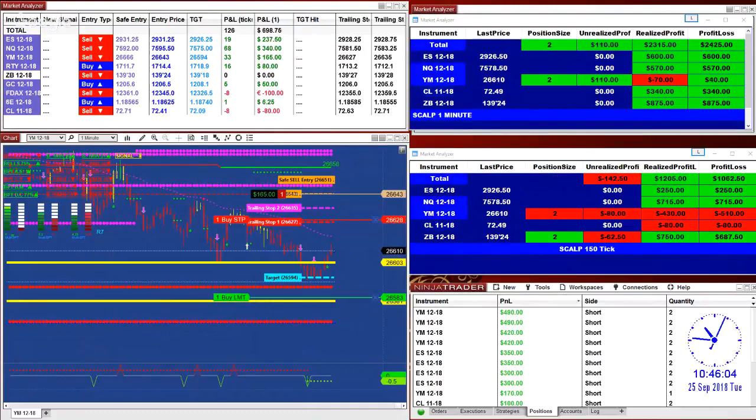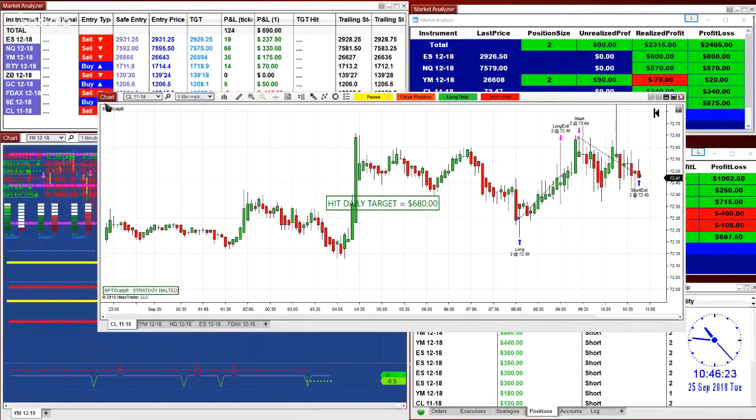Yesterday for our members, we covered the 5 minute scalpers, and this has already hit the target on the CL with 2 trades on the scalper.